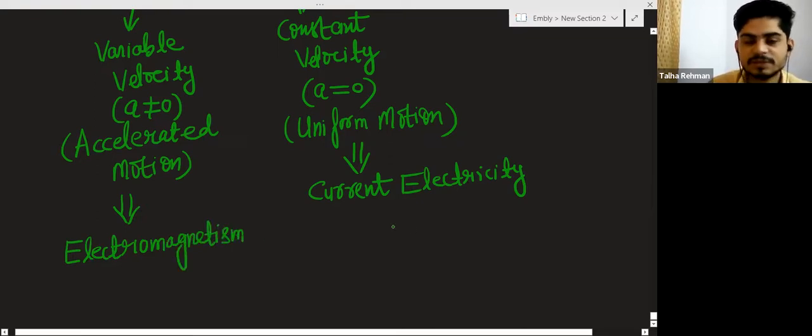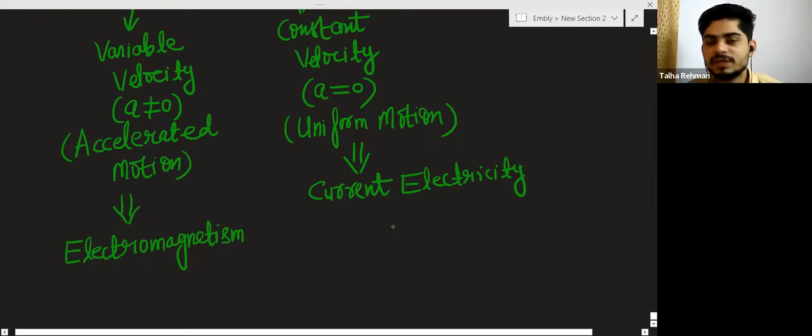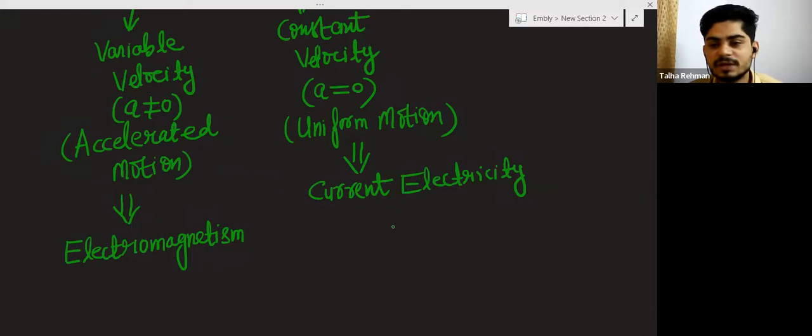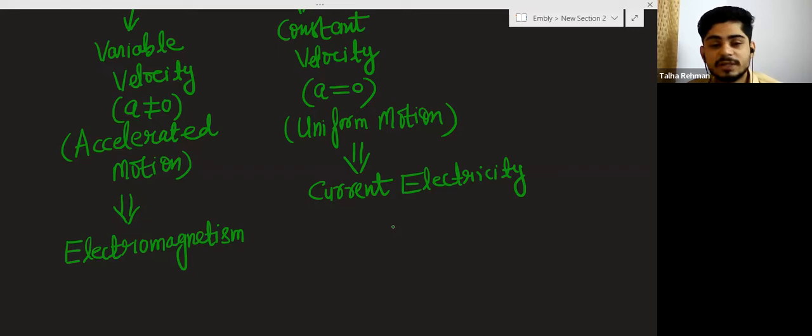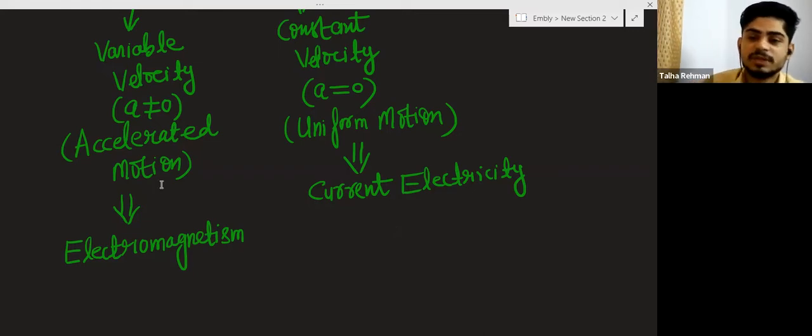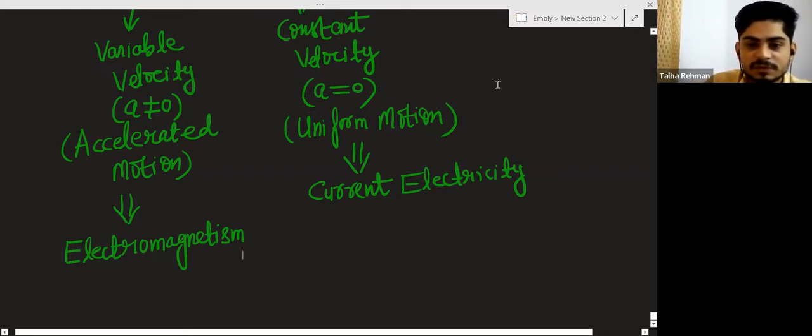Now you can see the sequence. First chapter is electrostatics, where charge was at rest. Second chapter is current electricity, where charge is moving with constant velocity. In the third unit, electromagnetism, you will see the acceleration of charge, meaning the change in velocity of charge.